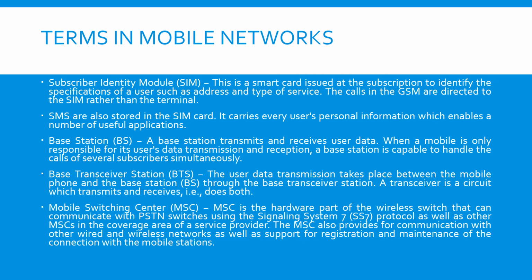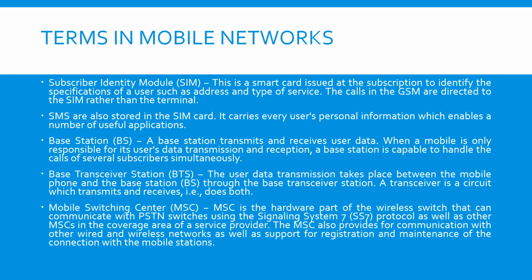Then we have the SIM card. So buying a mobile instrument or the mobile equipment is not sufficient to connect to a network. You need to have a subscriber identification module, that is the SIM card, to connect to a network. Now this particular SIM card is used to identify a particular mobile equipment uniquely throughout the globe.